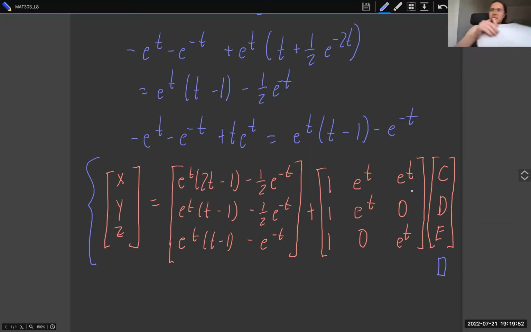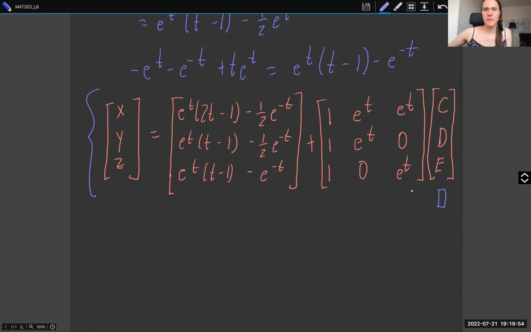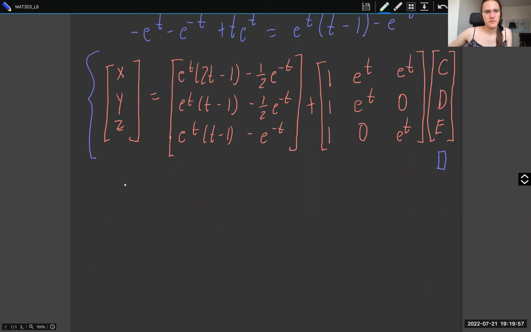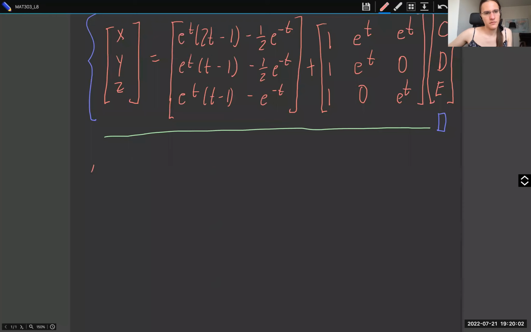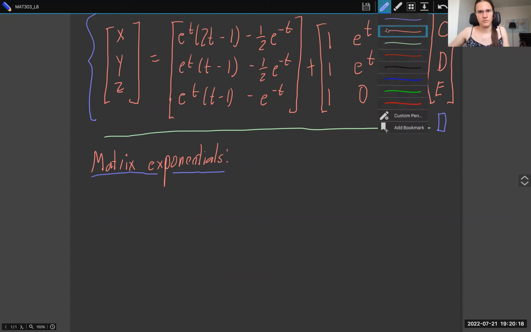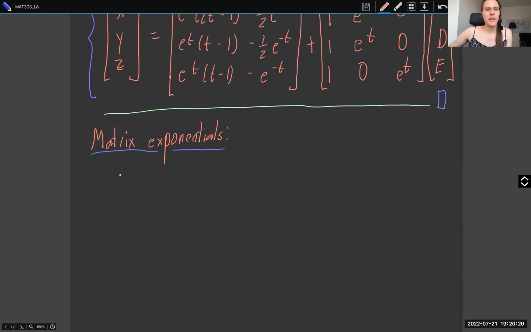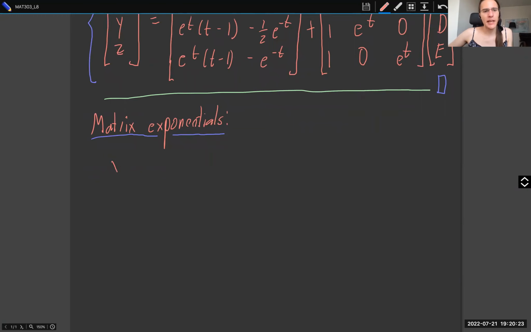Now, here we're going to do something really cool. And we're going to talk about matrix exponentials. And so the idea is that if we have an equation like y prime is equal to cy, then what's the solution?